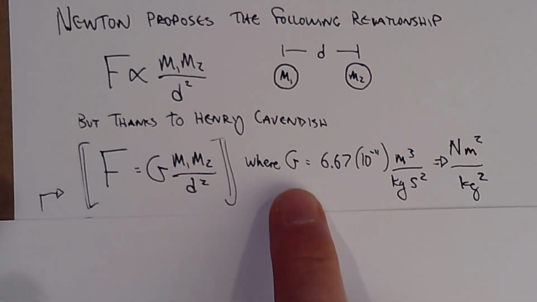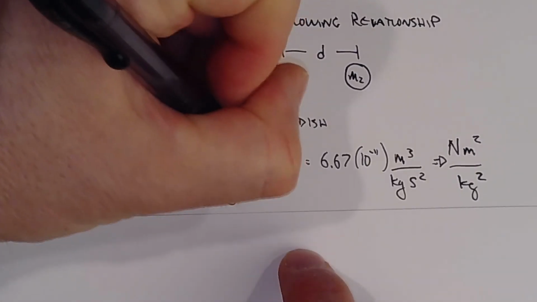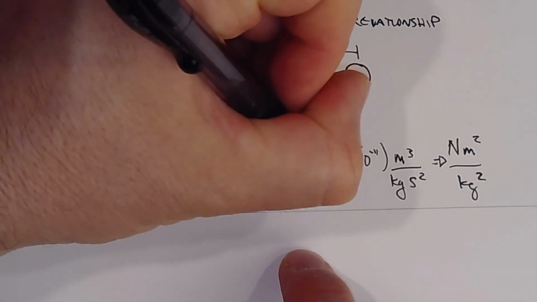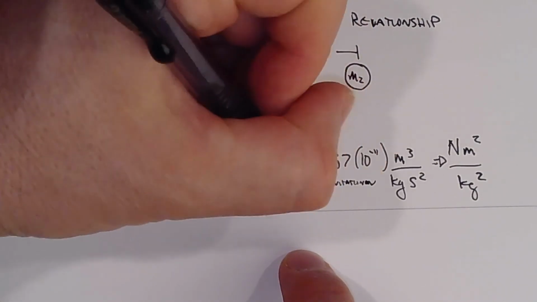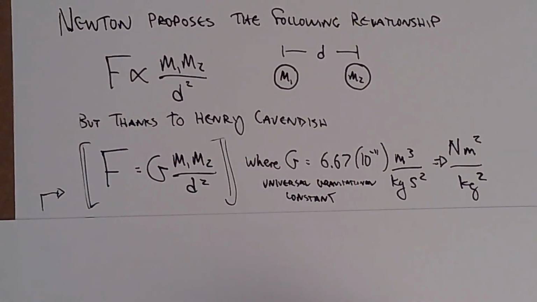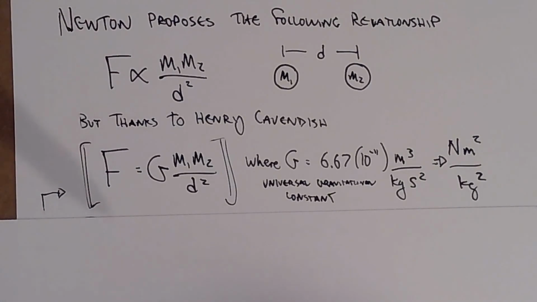Big G is what's called the universal gravitational constant. And it's pretty much exactly what it sounds like. It's universal, it's about gravitation, and it's a constant.